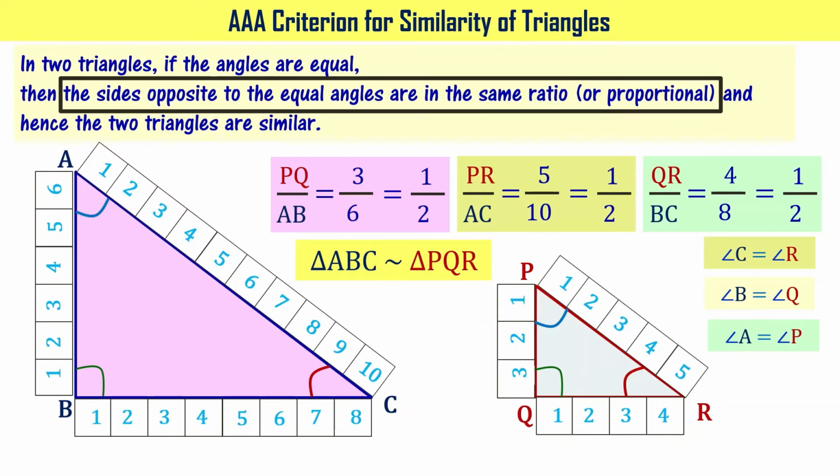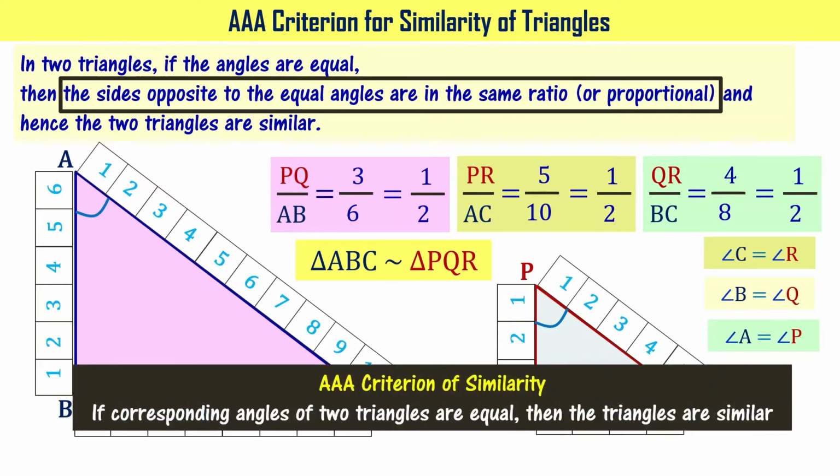In simple words, we can write AAA criterion of similarity of triangles as follows. If corresponding angles of two triangles are equal, then the triangles are similar. It means when corresponding angles of two triangles are equal, it automatically satisfies the requirement of the proportionality of the corresponding side of given triangles. Hence, the triangles are similar.